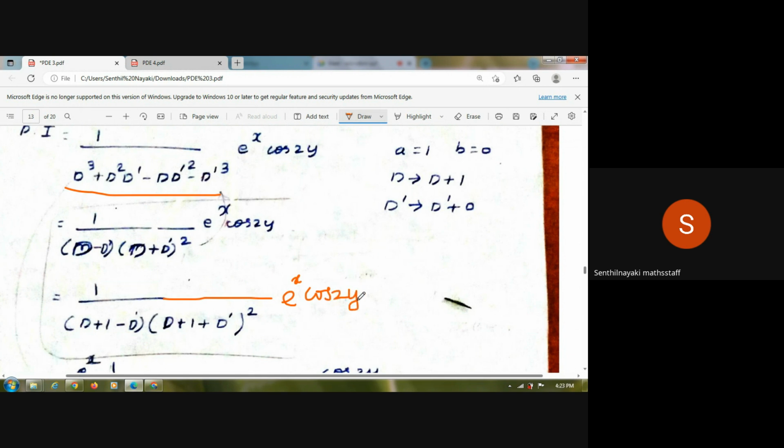So here in the e power x term, a value is 1 and b value is 0. So d can be replaced by d plus 1 and d dash can be replaced by d dash plus 0.